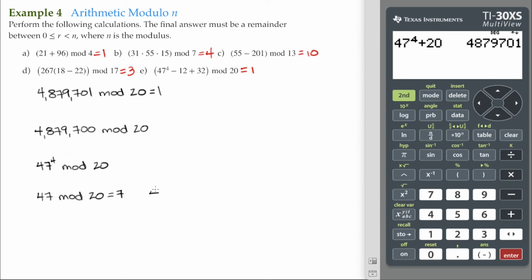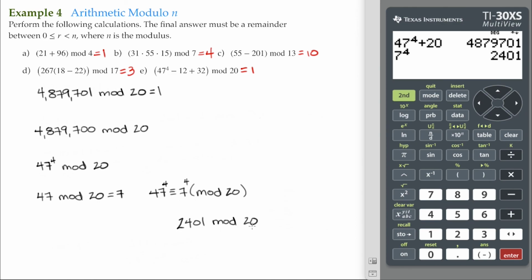So as a congruence, I could say 47 is congruent to 7 mod 20. And since 47 just keeps repeating itself, I could say 47 to the fourth power is congruent to 7 to the fourth power mod 20. 7 to the fourth power is 2,401. 2,401 mod 20.